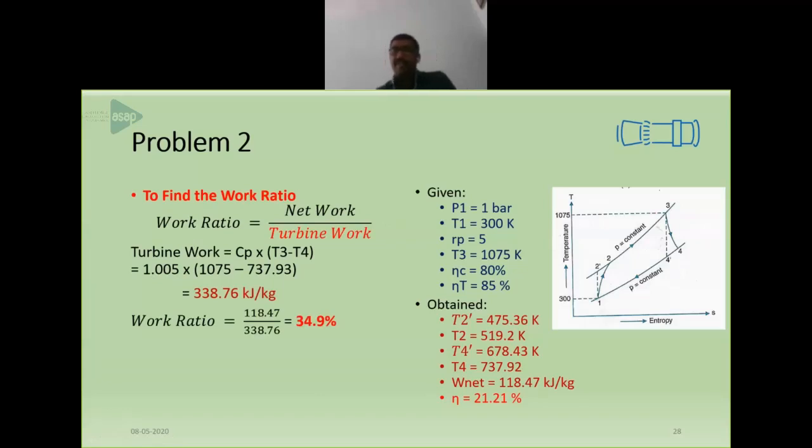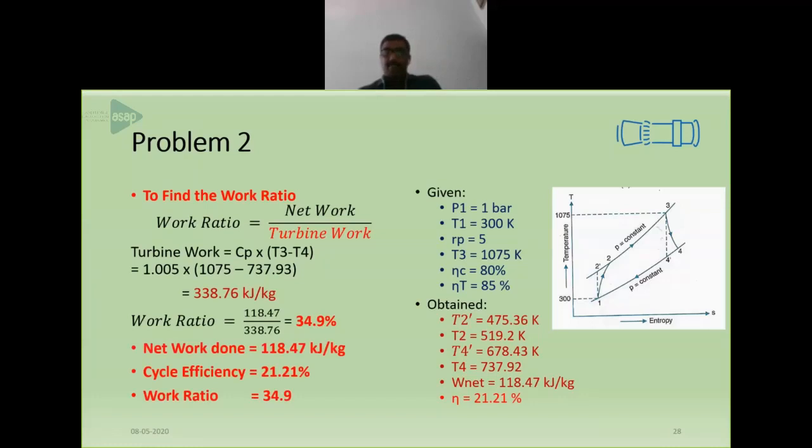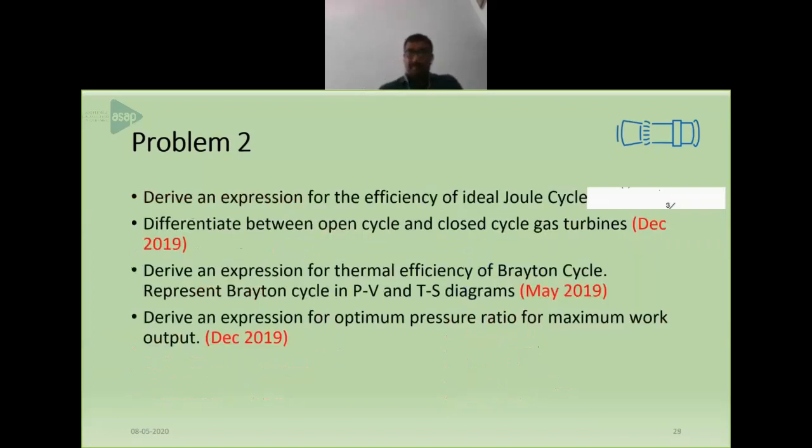So the work ratio is 118.47 divided by 338.76, which is 34.9%. So all three values we got: net work done is 118.47, cycle efficiency 21.21%, and work ratio 34.9.